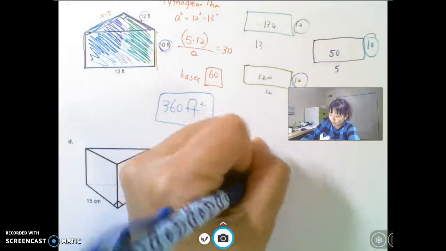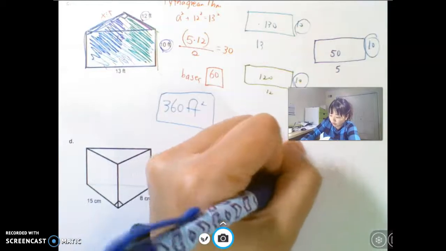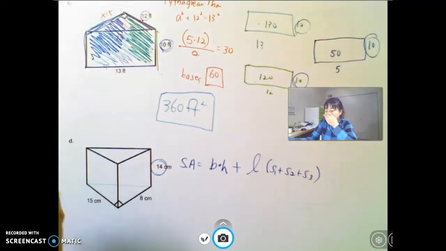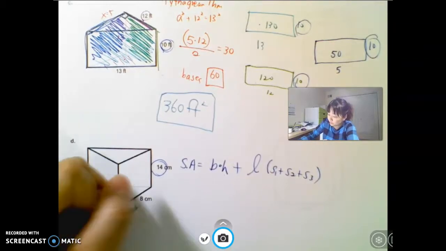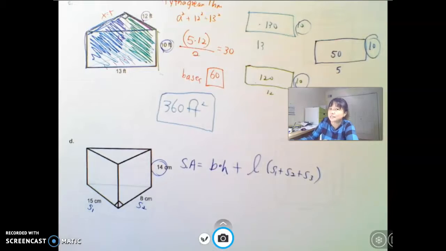And then you're going to add all the sides of the triangle base. So S1, S2, S3 stands for side 1, side 2, side 3. Here side 1 is 15, side 2 is 8, and side 3 is, yeah, Pythagorean theorem.